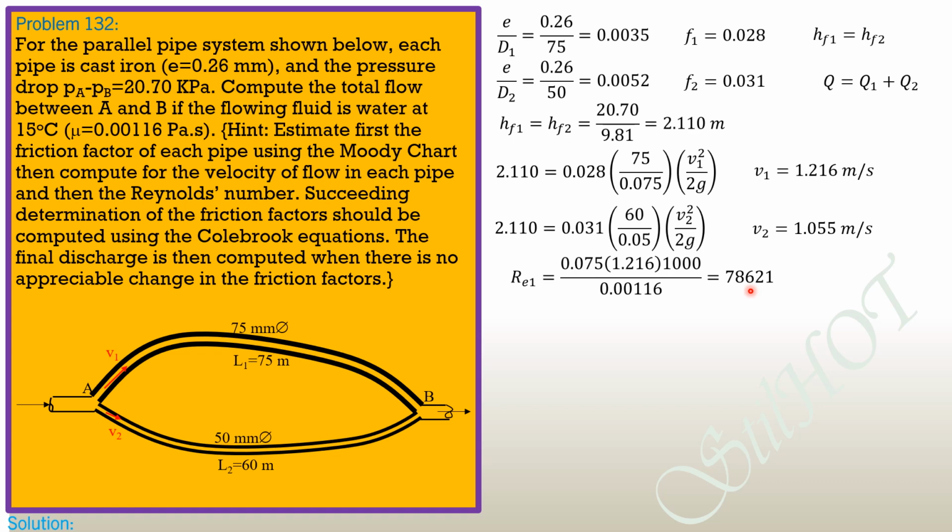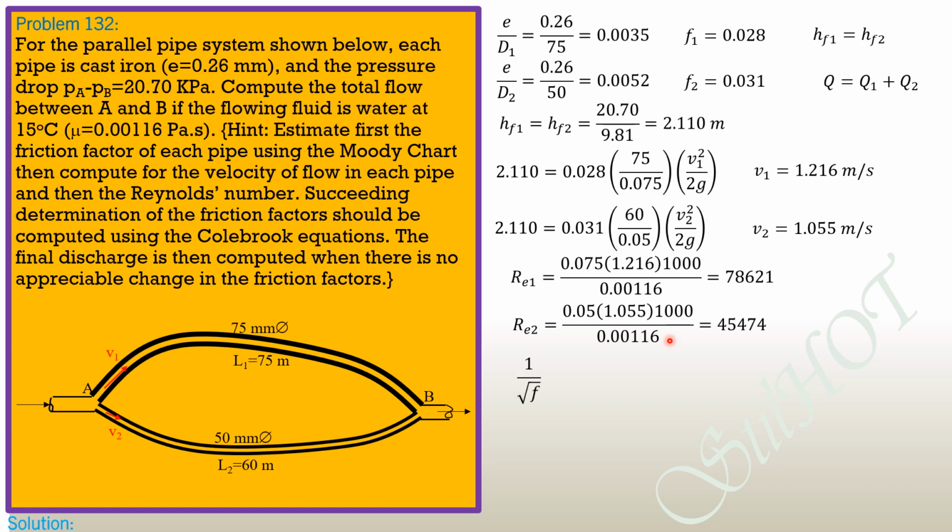That is turbulent. Then the Reynolds number of pipe 2 is 0.05 times 1.055 times 1000 over 0.00116, and that is 45,474, which is also turbulent.